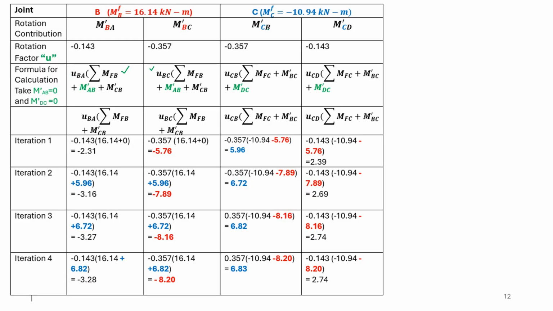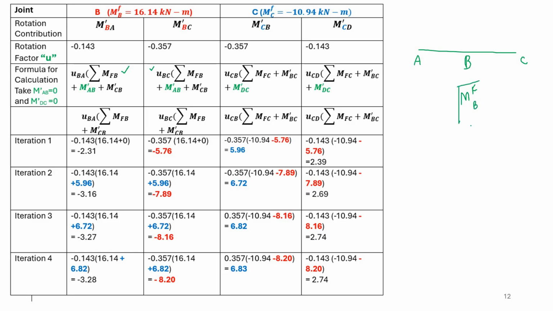Now let's take the value of M dash CB. You can see that it is UCB into MFC plus M dash BC plus M dash DC, and here it is UCD into MFC plus M dash BC plus M dash DC. Now I will explain simply. Again you take this joint B, and here it is C and here it is A. For example, here you have the summation of MFB.